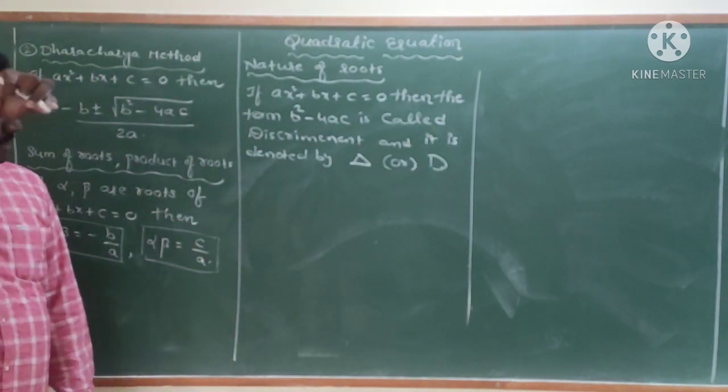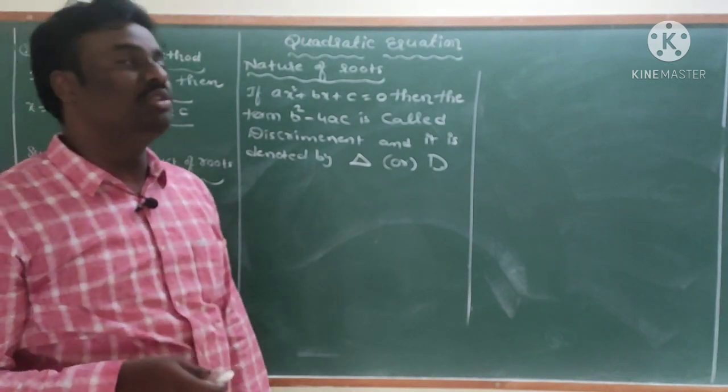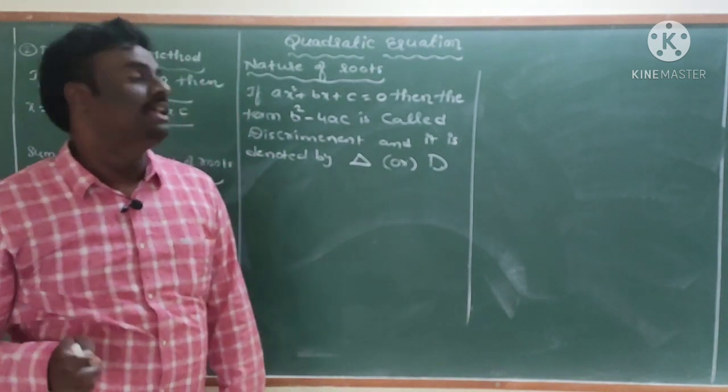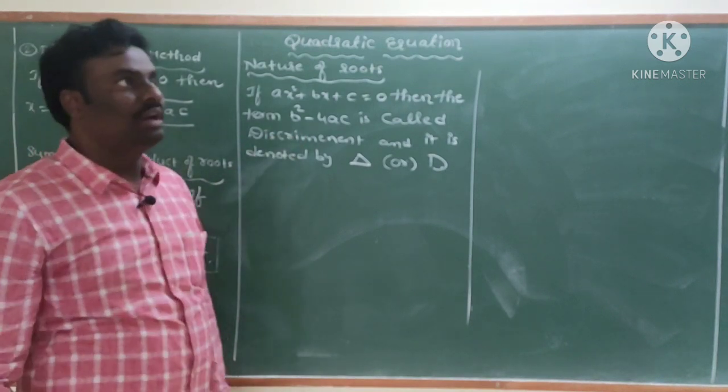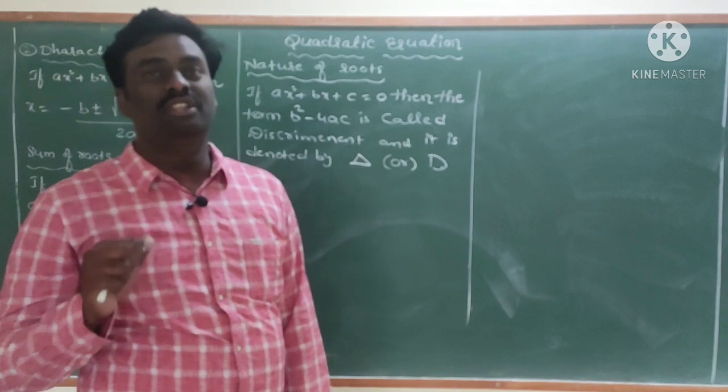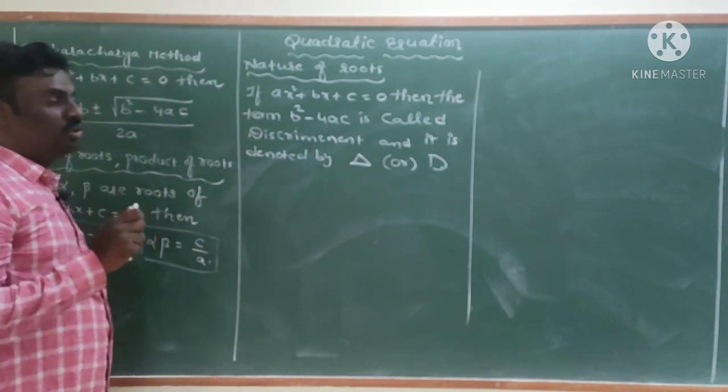If ax square plus bx plus c equals to 0 is a quadratic equation, then the term b square minus 4ac is called discriminant, and it is denoted by delta or D.